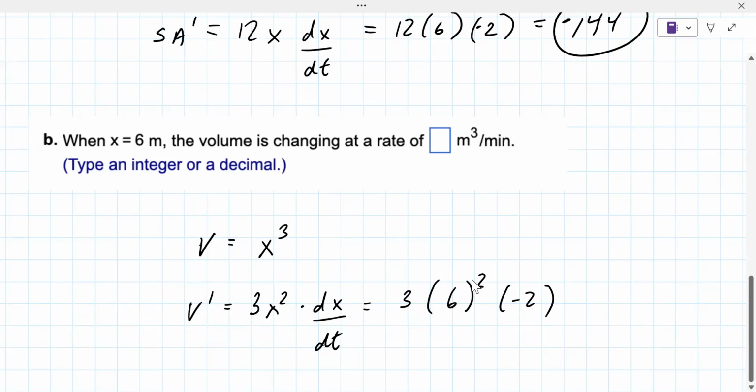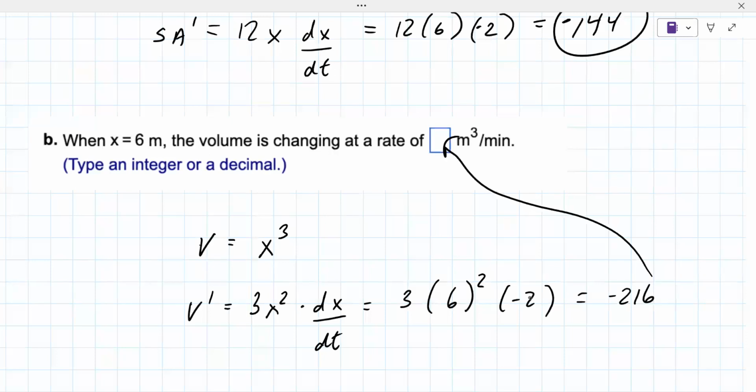So 36 times 6, -216 maybe. Please double check that. Yeah, -216.